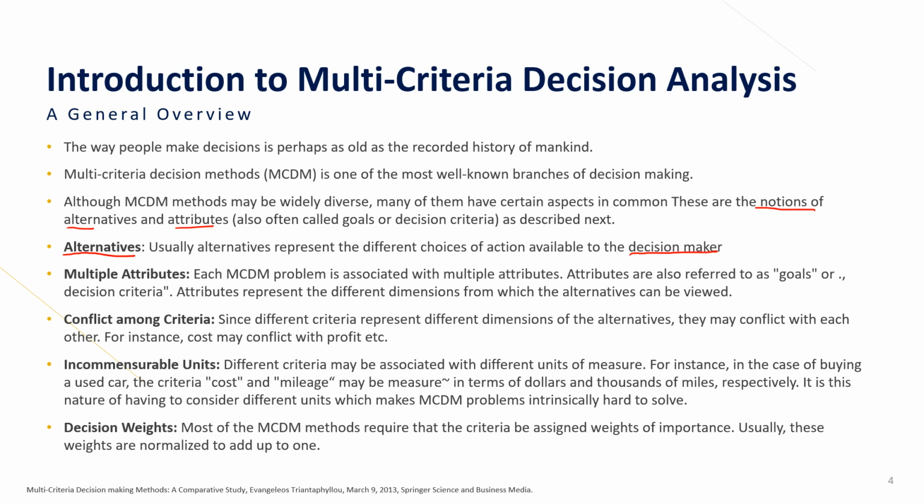Attributes are normally associated with the alternatives, and sometimes refer to a goal or decision criteria. They represent different dimensions of the alternatives. For example, when you decide to buy a car, you will select from several alternatives of car.